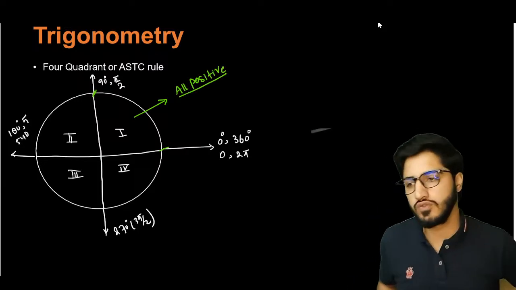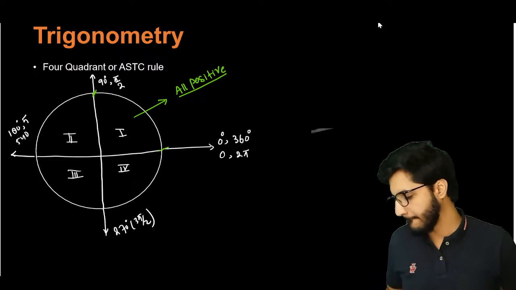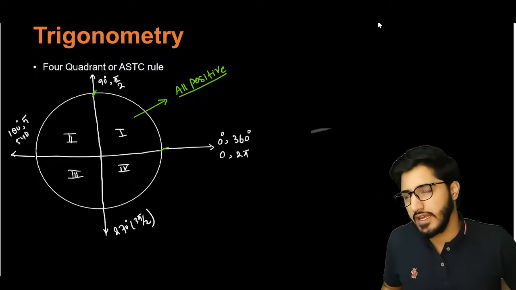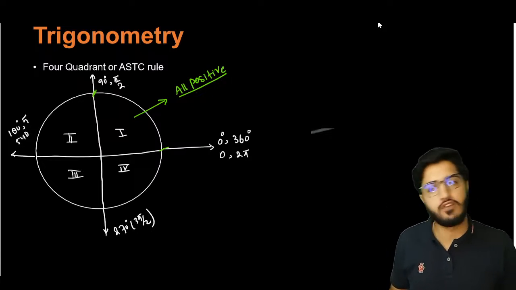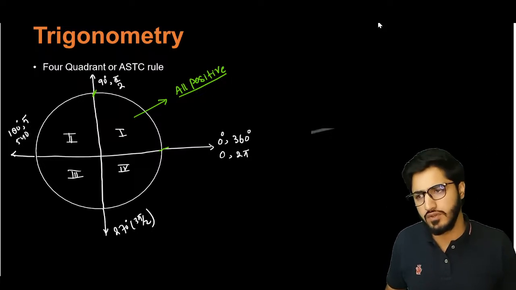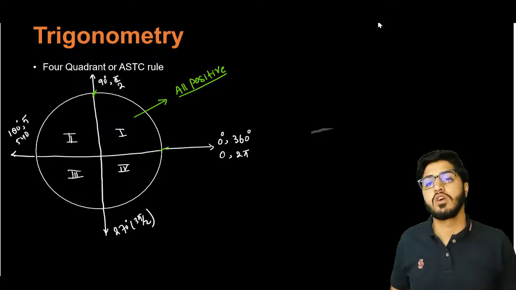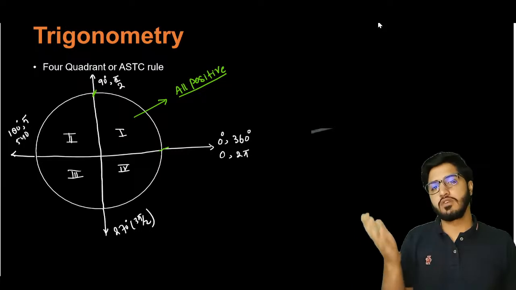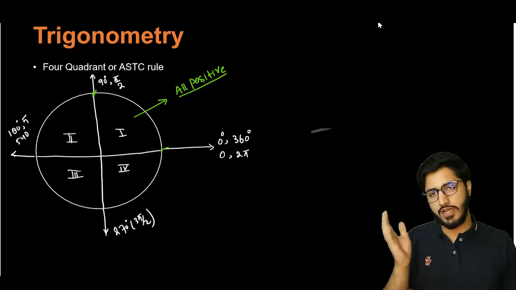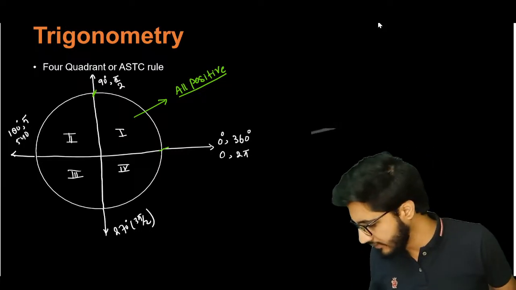All these ratios will become positive. Let us suppose we are having sine 45 positive, cos 45 positive, tan 45 positive, cosec 45 positive, sec 45 positive, cot 45 positive. So whatsoever trigonometric ratios you are having, between 0 to 90, all of these will become positive.